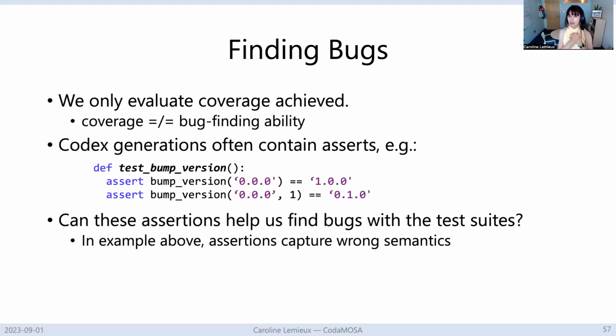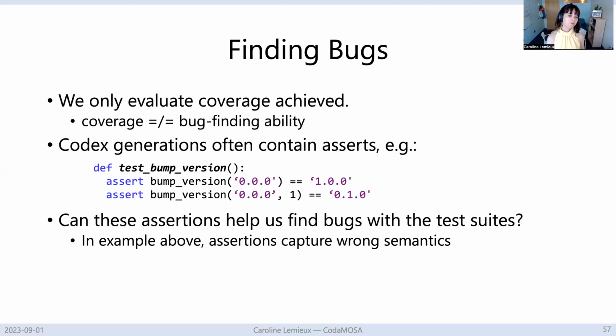Another thing I want to mention is that the evaluation I've really just focused on coverage increases, which is not necessarily related to bug finding ability. And if we want to find bugs with a test suite, we should probably have assertions in that test suite. And Codex generations do contain assertions, right? Like the ones that I mentioned earlier. This is the Codex generation I brought up earlier. There are some assertions there.